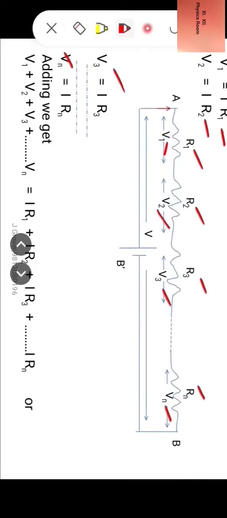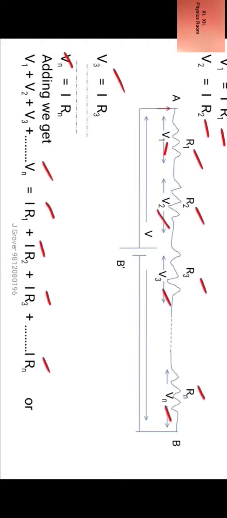Now adding, we get V1 plus V2 plus V3 plus so on Vn is equal to IR1 plus IR2 plus IR3 plus so on plus IRn, or V is equal to I common R1 plus R2 plus R3 plus so on plus Rn, where V is equal to V1 plus V2 plus V3 plus so on Vn.